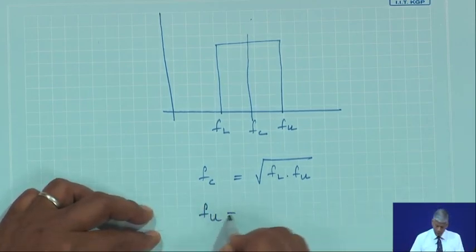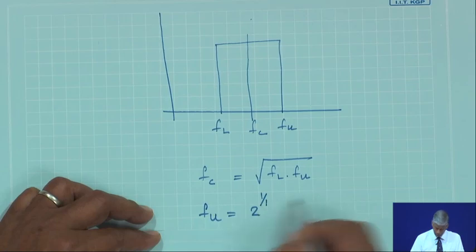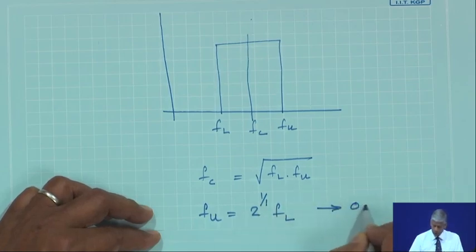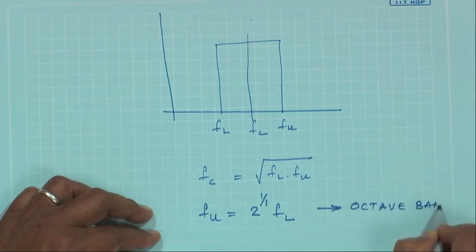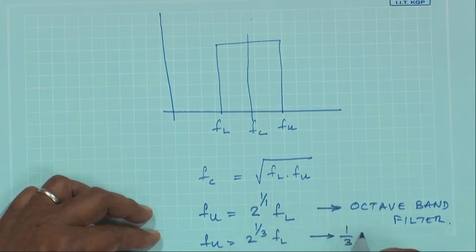So, this F upper is 2 to the power 1 by 1 times F lower. This is known as an octave band filter. If F upper is 2 to the power 1 by 3 times FL, this is known as 1/3 octave, and so on.